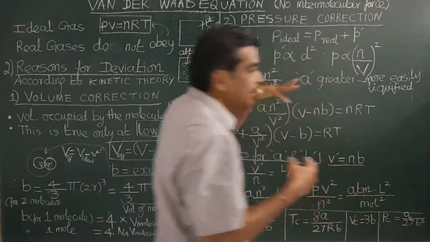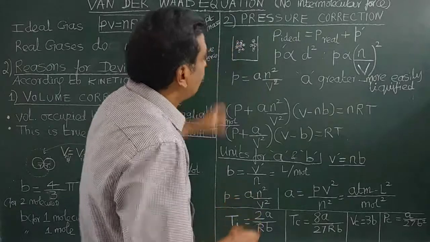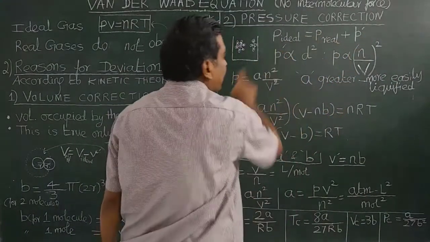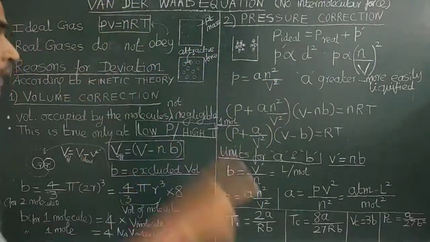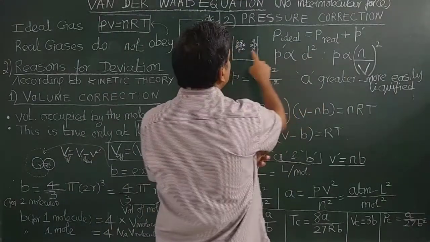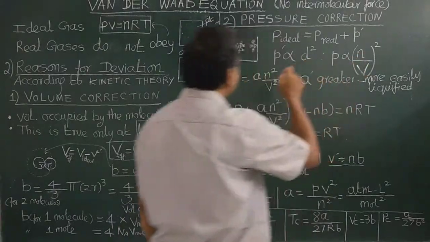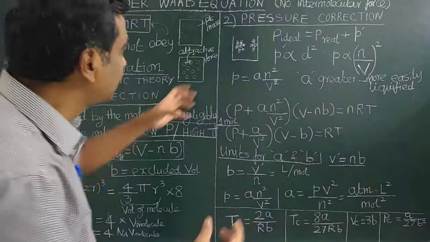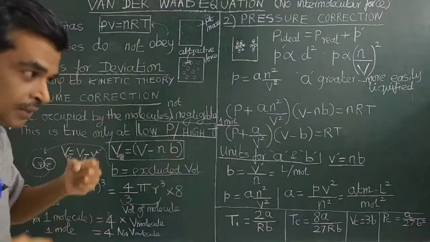Why is the real gas pressure less? Because of the net inward pull. Now how is P prime determined? The pressure correction term is directly proportional to the square of the density, where d is the density, n by V. If density, the number of molecules per unit volume, is greater, then the net inward pull will be greater because more molecules will attract.